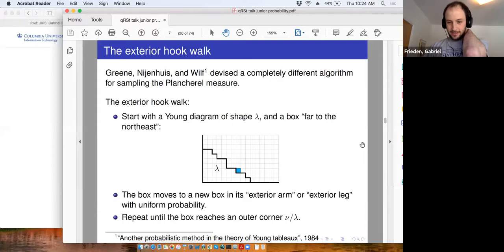Aren't there many more cells in the horizontal leg? So it's more likely that you'll just travel horizontally than travel down. Yeah, I think that's the way to think about it. If you're way over here, the chance of moving down is very small compared to the chance of moving across. Okay. Thanks, thank you.